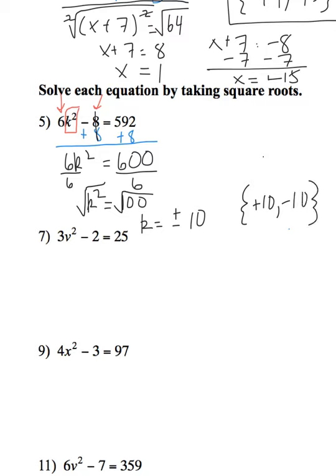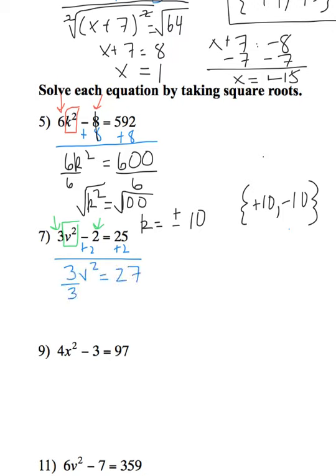Let's go and try number 7. Again, we want to get v squared by itself, so we first want to move the minus 2 and then the 3. To get rid of the minus 2, we're going to add 2 to both sides. And we're left with 3v squared equals 27.